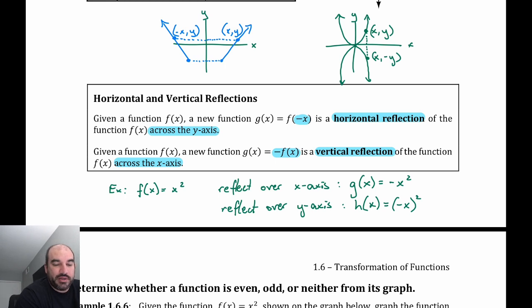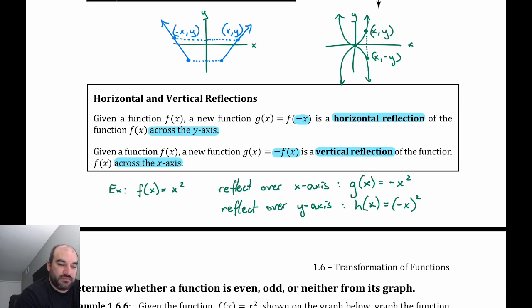Anything interesting about either of these functions? Or I should say, what is interesting about one of these functions?